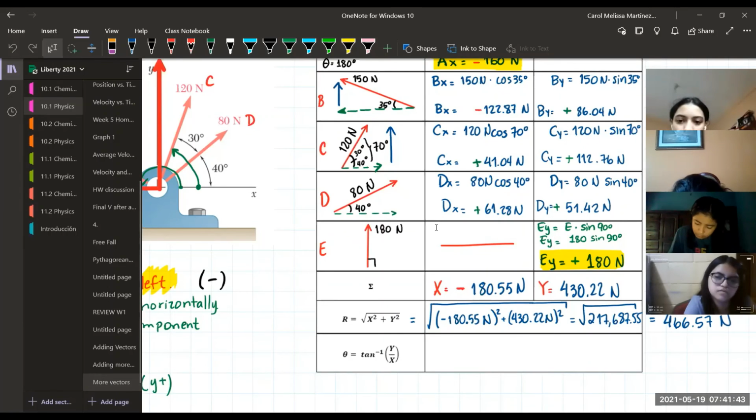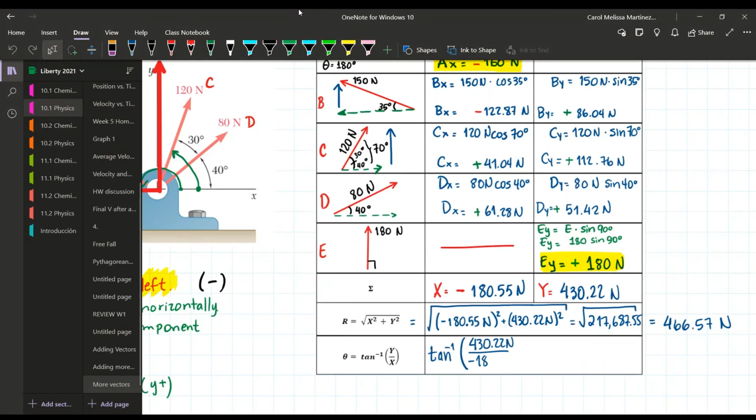These are Newtons, and then the procedure of the angle. The class will be over, but I will record it, just me and the computer, so you can have this procedure in the video. So remember arctangent, that is shift tan, Y over X. And here you have to divide by negative 180.55 Newtons. The Newtons and Newtons will be cancelled.